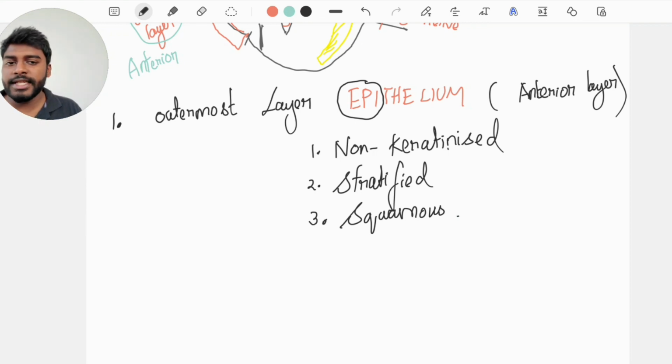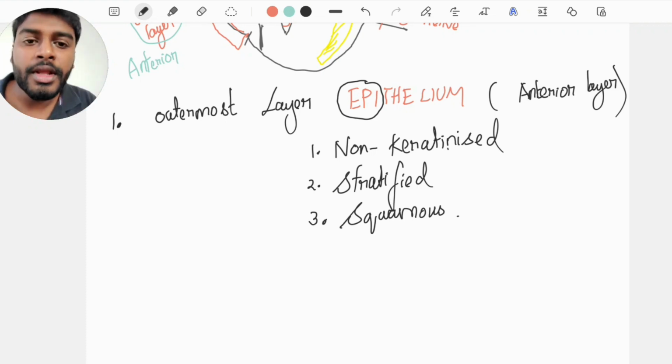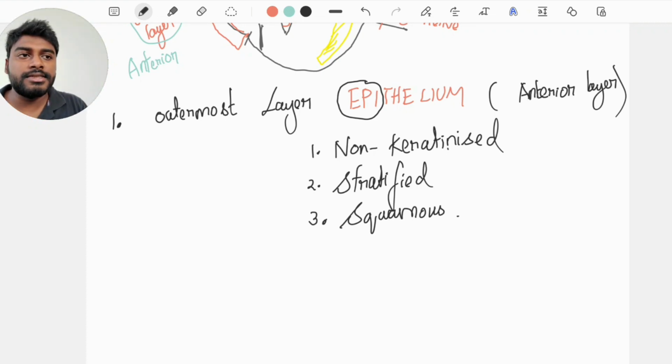When we study the skin layers, they are keratinized, which gives the colors and everything. Keratinized cells are present there, but in the cornea these keratin cells are absent. The basic thing is that the cornea is transparent, and for transparency it doesn't require any color. So the first point you should remember is that it is non-keratinized.